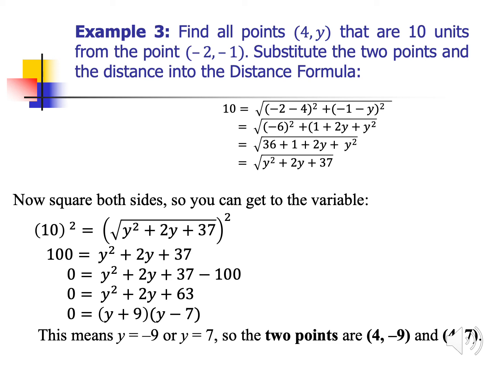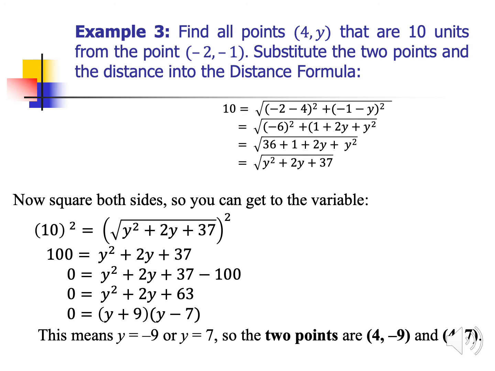Transpose 100 to the other side, so you have 0 equals y squared plus 2y plus 37 minus 100. We are doing this so we can factor when we simplify the right side. Simplifying the right side, we have y squared plus 2y minus 63. When you factor this, you have the factors y plus 9 and y minus 7.